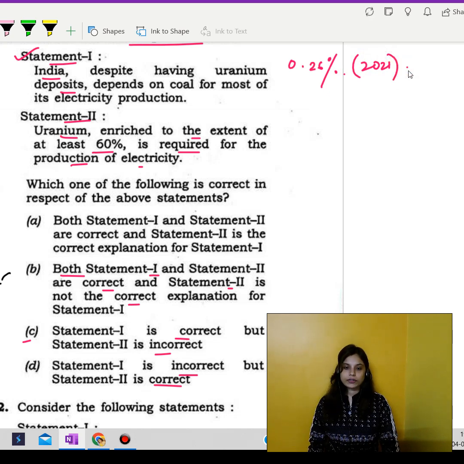However, if we talk about coal, coal is still the most important and abundant fossil fuel in India. So coal accounts for 55% of the country's energy needs. So yeah, we can say that statement 1 is basically correct.